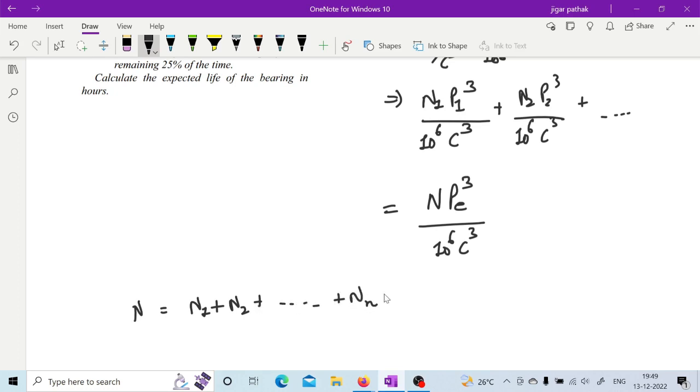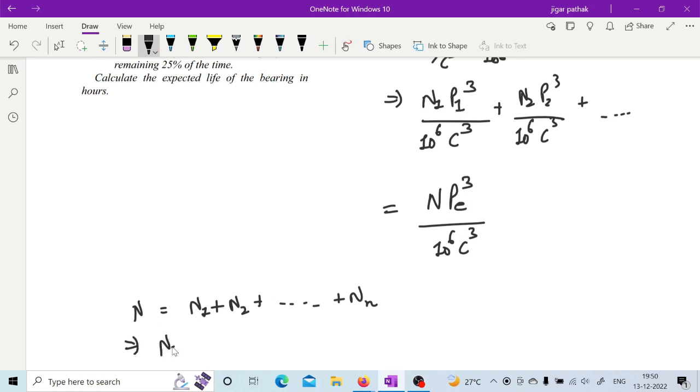As we have equated these different lives, because at different loads and different RPMs there will be different life, we are going to end up with the 10⁶ into C cubed cancelled out.